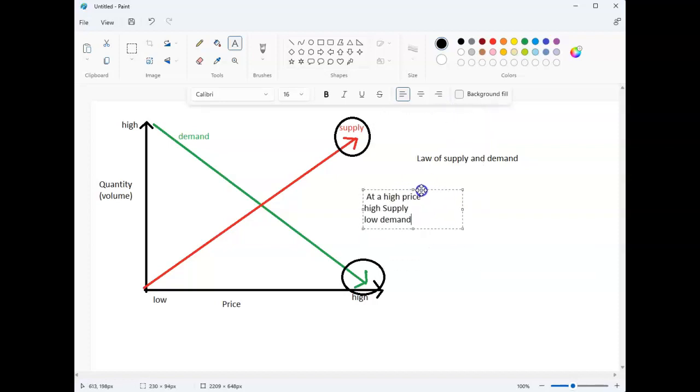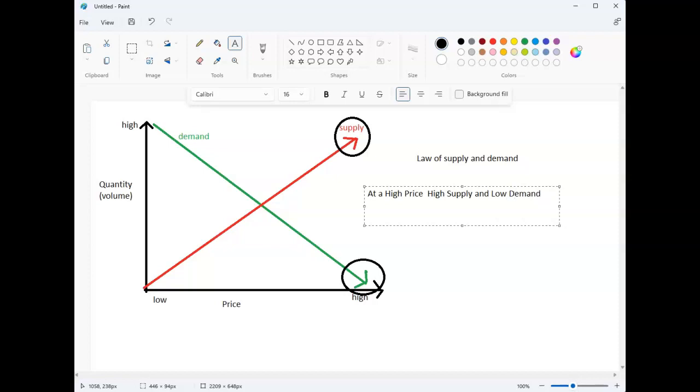This is what this is saying. I'll put it right here. At a high price, you have high supply and low demand. Now pay attention because I'm going to show how this links to Wyckoff. So at a high price, you have high supply and low demand. Now, the thing to remember is there's no sequence. Is it high supply first and then low demand, or low demand first and then high supply?